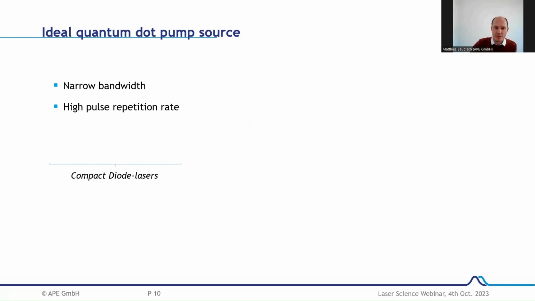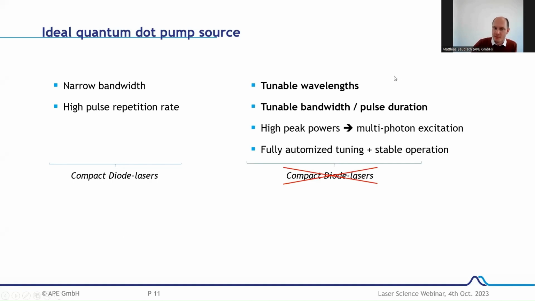So features or other properties that compact diode lasers can't give you, for example, you would like to have tunable wavelengths, because, as I said, even in the same sample, depending on how you grow the quantum dots, different quantum dots can have slight variations of the excitation wavelengths. So if you use a diode laser, it can be that some quantum dots you can excite, others you can't excite.